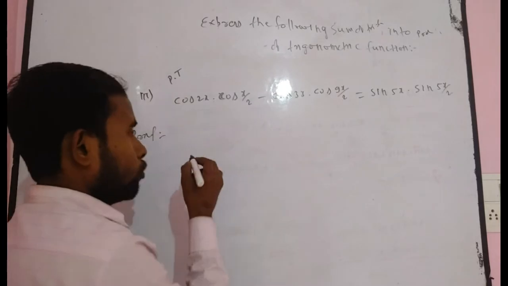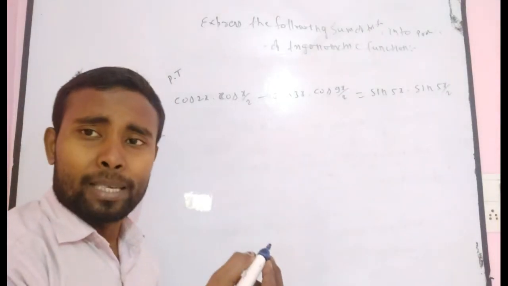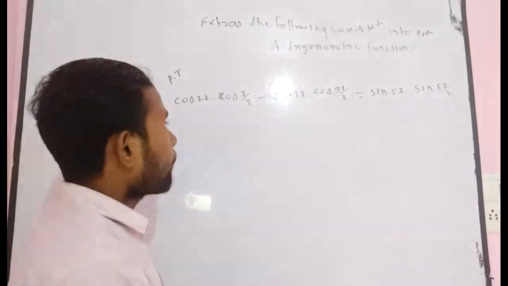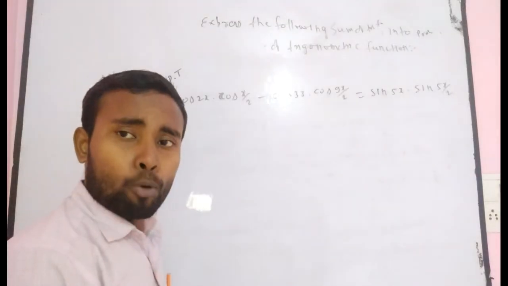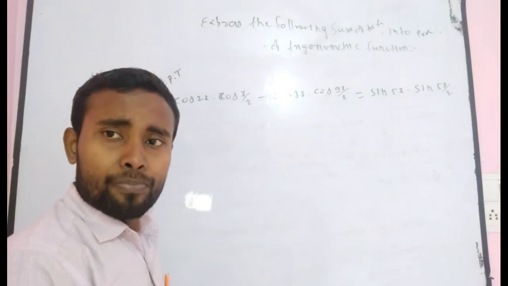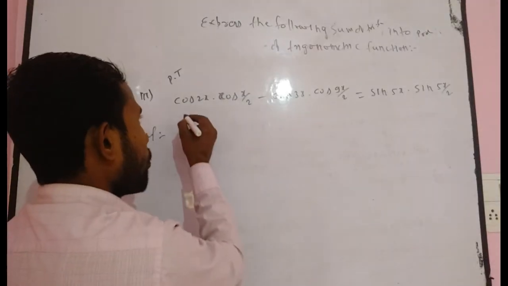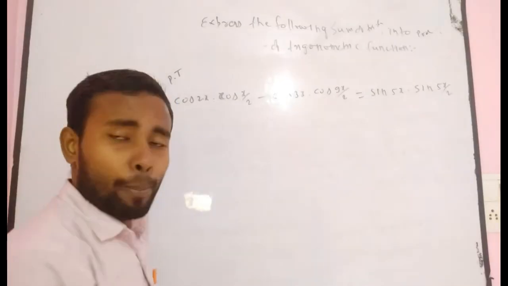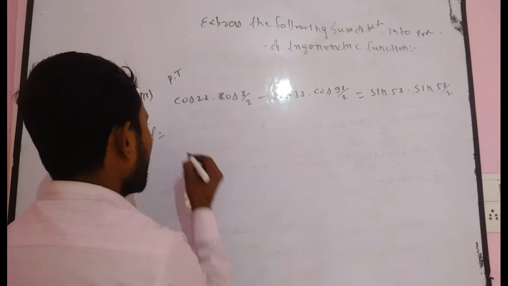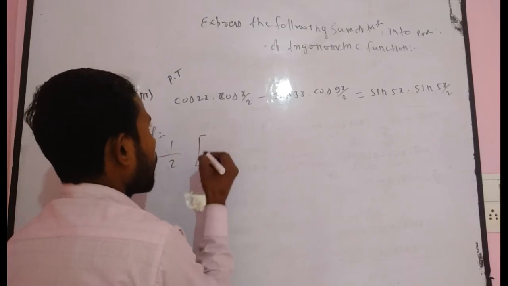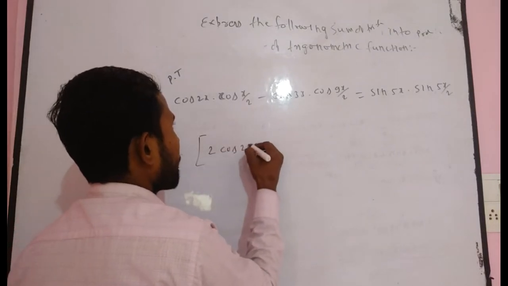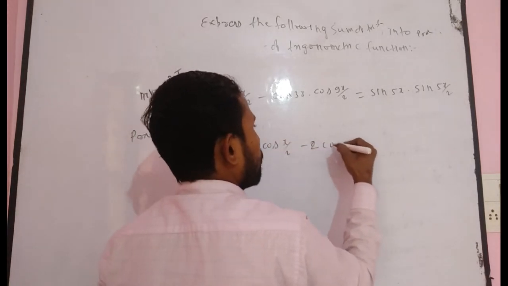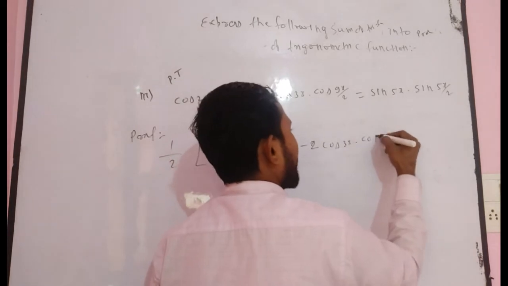So you have to apply another formula, the one which converts the product of two trigonometric functions into a sum of two trigonometric functions. Before starting, firstly you have to multiply by 2 and again divide by 2. After it you get 1 by 2 times 2 cos 2x into cos x by 2 minus 2 cos 3x into cos 9x by 2.